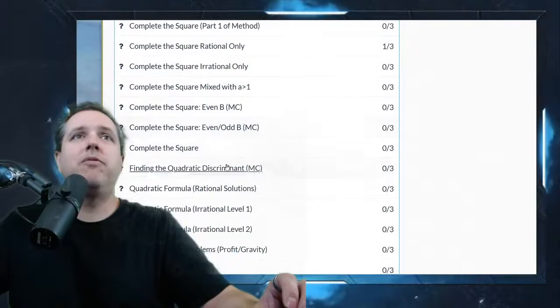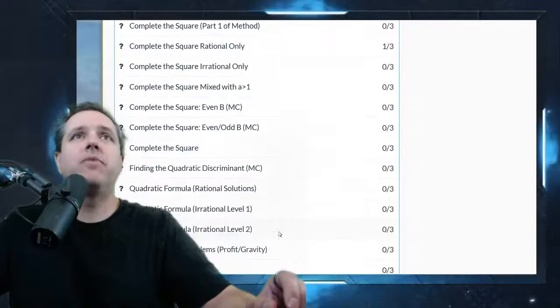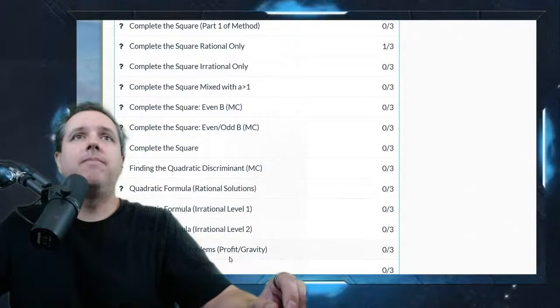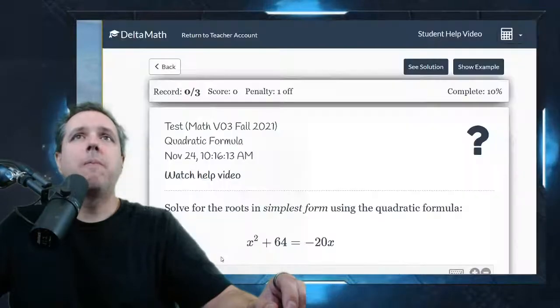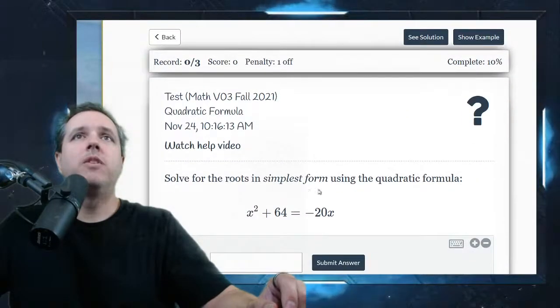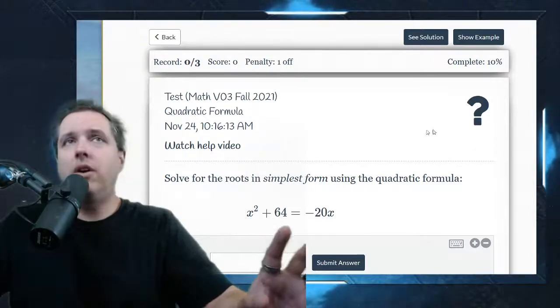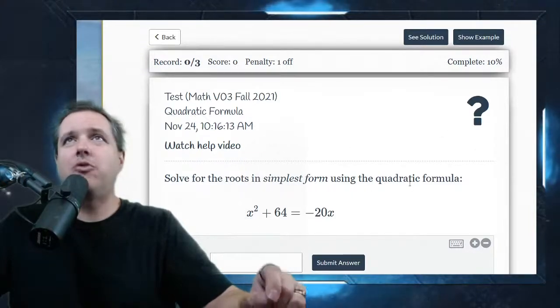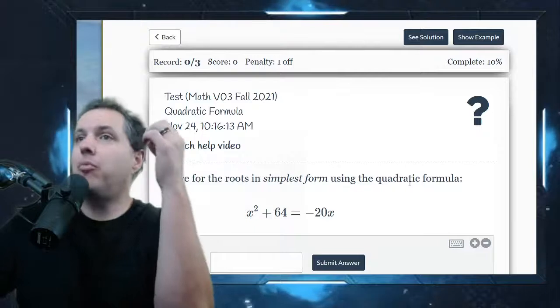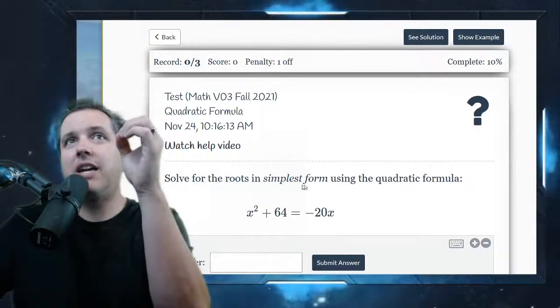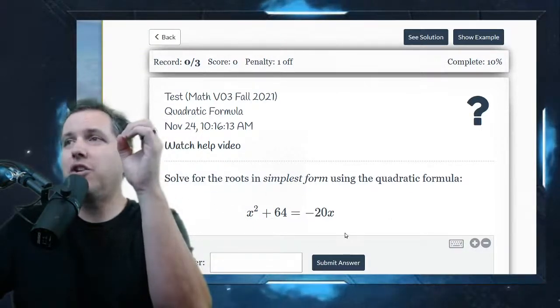Let's take a problem from the actual homework. Solve the roots in simplest form using the quadratic formula. So I think this one is actually factorable, but we're going to, again, it's about process. The important thing is not getting the answer right for a particular problem.